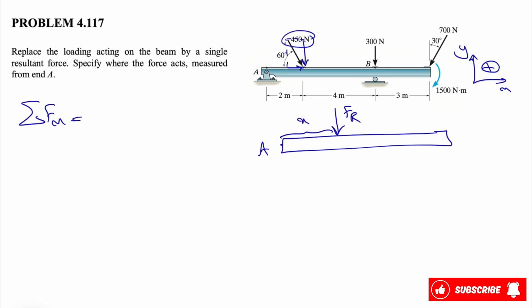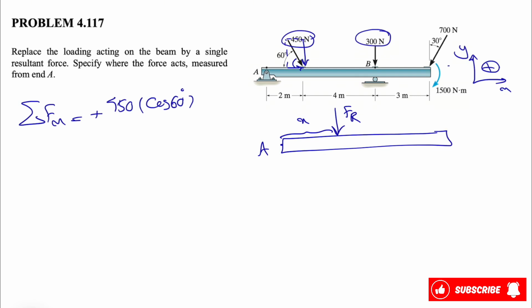For the x component, we know the component is positive, and since this angle is 60 degrees, cosine of 60 will give us what we're looking for. The second force is only in y direction, so no x component.